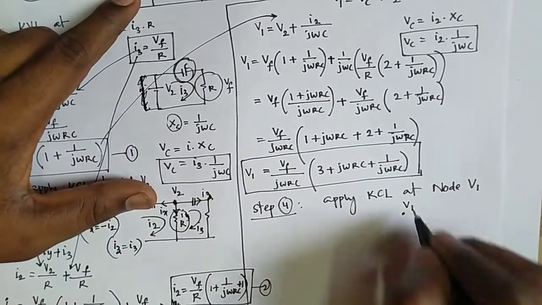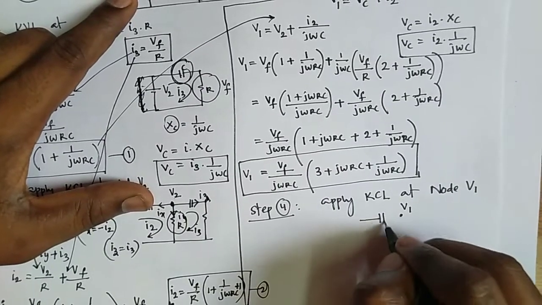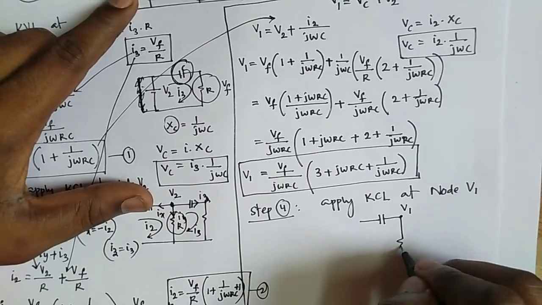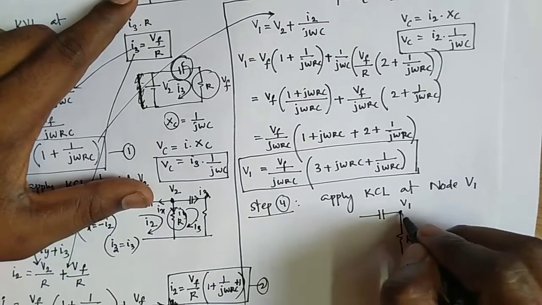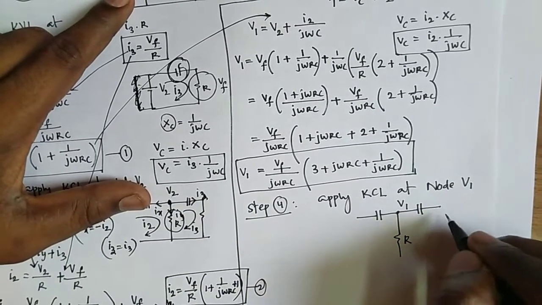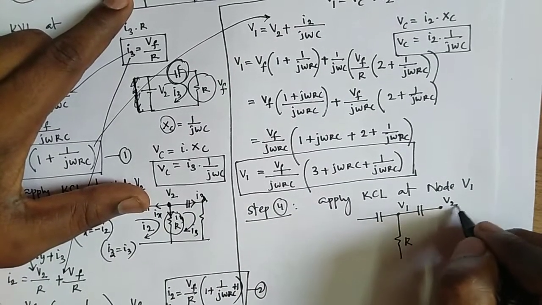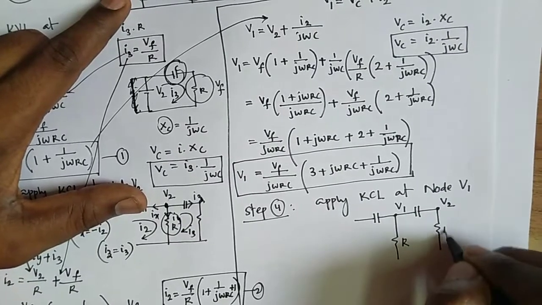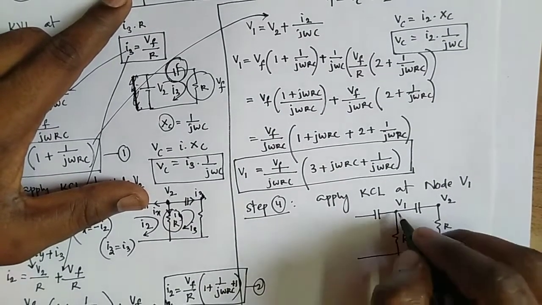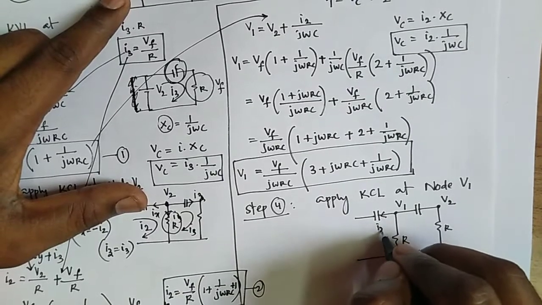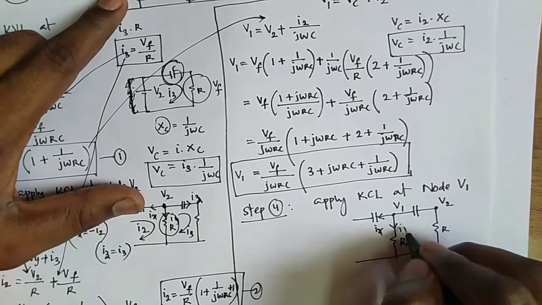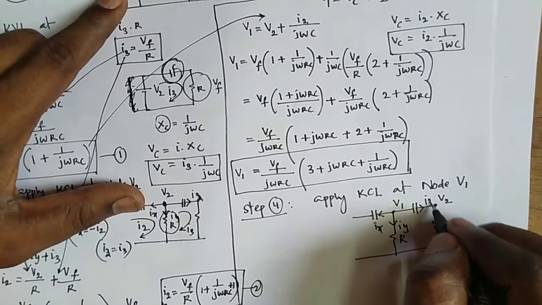The node is V1. The left side element is a capacitor, the internal element is a resistor, then a capacitor, and the other node is V2. The V2 value is nothing but the actual resistor value. In this case, all are outgoing currents Ix, Iy and Iz.